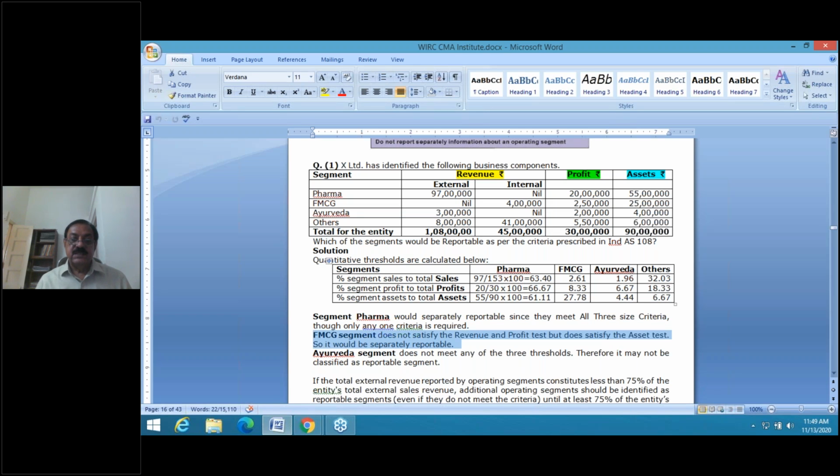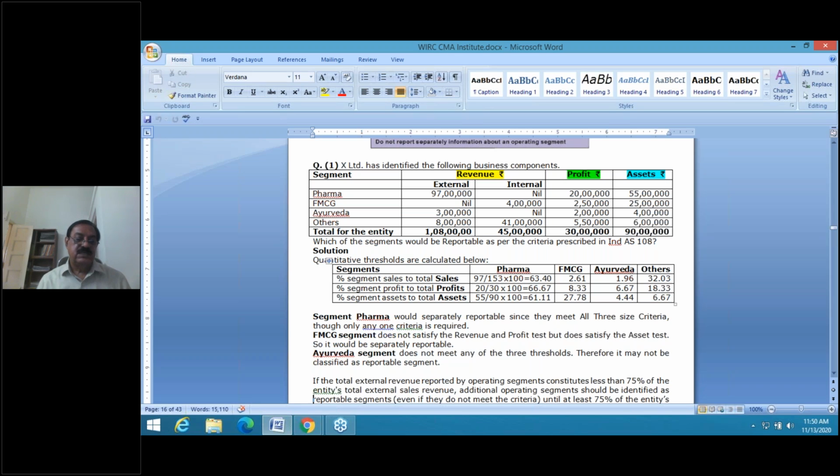In FMCG, sales not fulfilled 2.61, profit 8.33 not fulfilled, but asset is fulfilled 27.78. So under the asset test, it will be coming as a reportable segment. Okay, go to Ayurveda. None. 1.96, 6.61, 4.44. None of the three criteria are fulfilled, so it will not be a reportable segment.